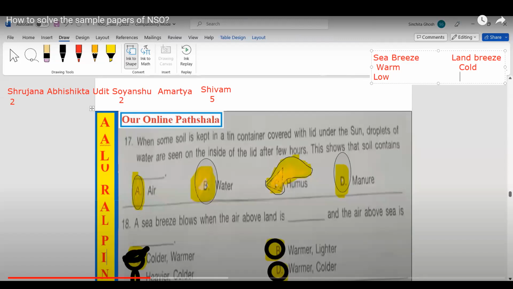And when the sea is cold, it is high pressure. So what will happen? The air will move from which place to which place? Low pressure to high pressure. Yes, very good. Sea breeze to land breeze.